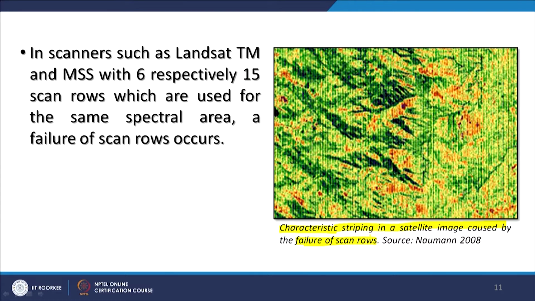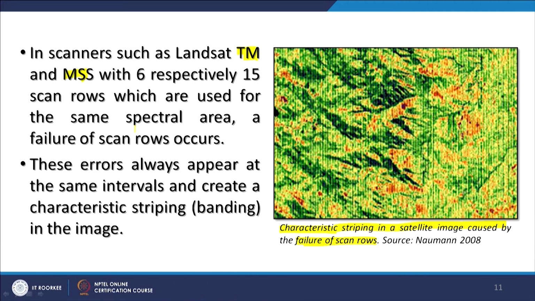In Landsat TM and MSS, there were 16 and 6 scan rows respectively used for the same spectral area. When failure of a scan row occurs, the image becomes less usable. For certain studies one can still use such images suffering from such distortions, but in certain applications obviously these images cannot be used because they will give you errors in the outputs.